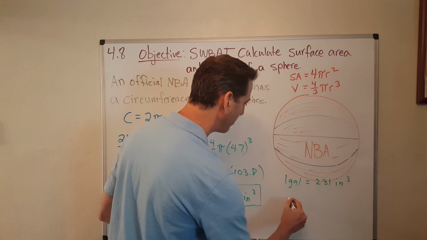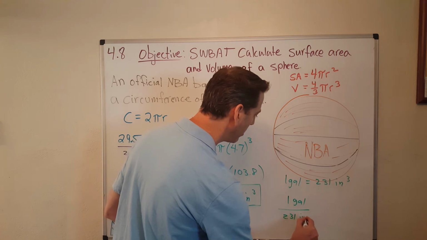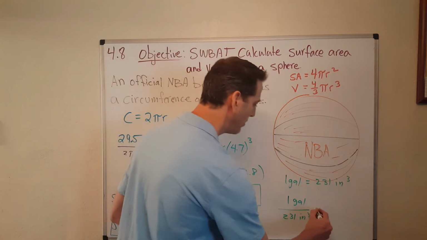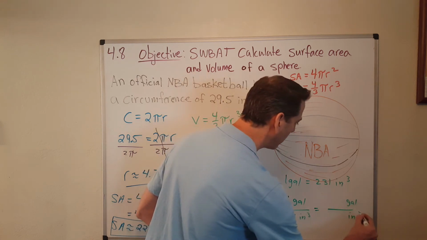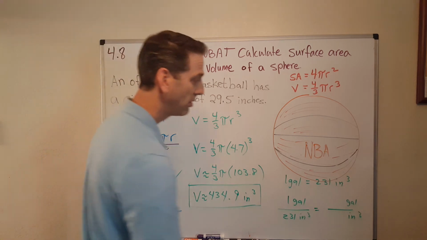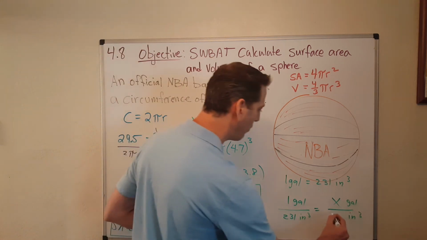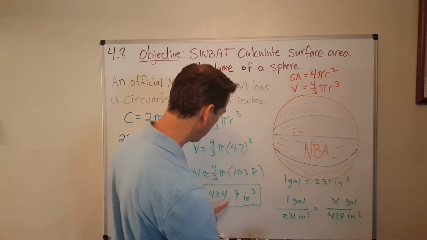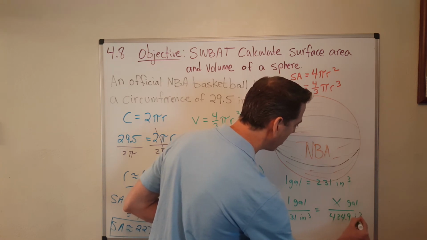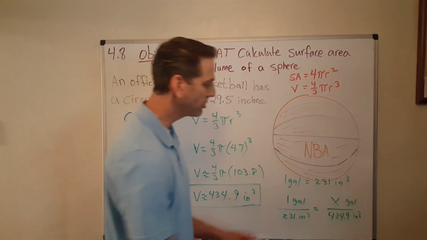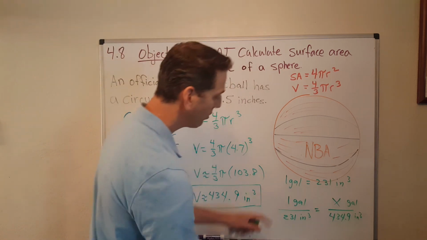Here's my conversion factor: 1 gallon to 231 cubic inches is equal to gallons over cubic inches. I'm going to set up a proportion. So gallons, we don't know how many gallons, is to 434.9 inches cubed. Make sure you know your units, make sure you show your units, and make sure you're consistent with your units.